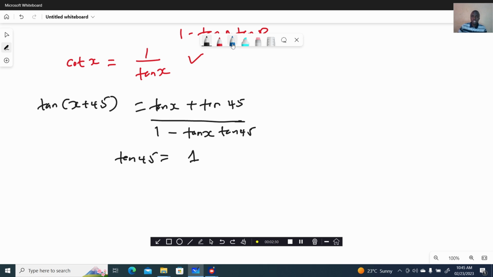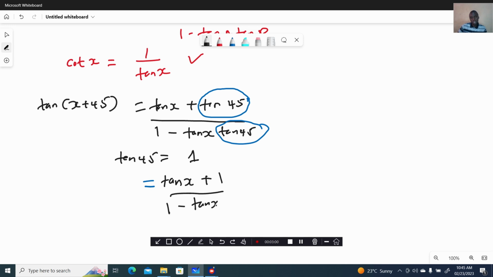So we can replace any occurrence of tan 45 by 1, such that you're going to end up having tan x plus 1 divided by 1 minus tan x times 1.